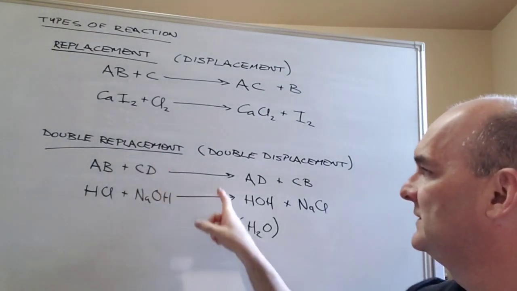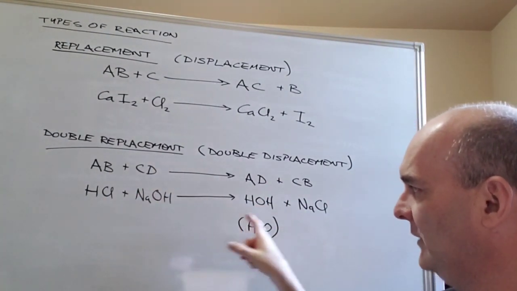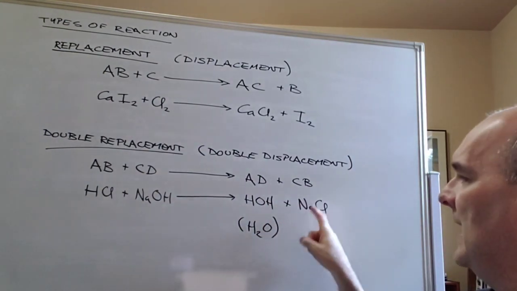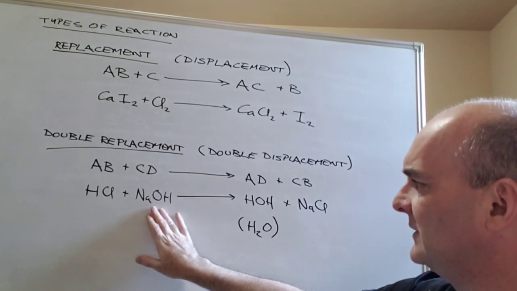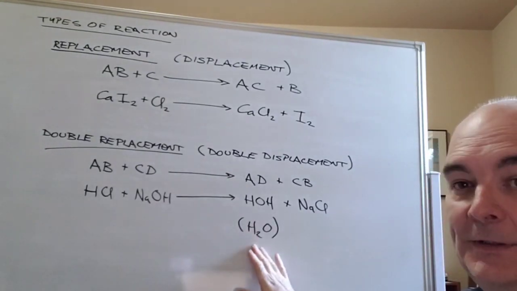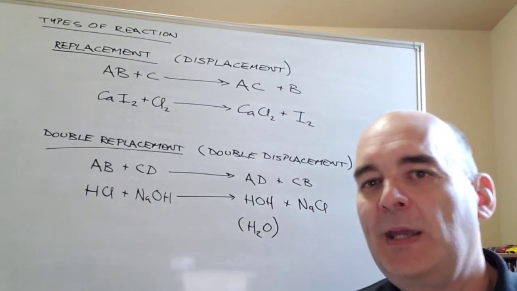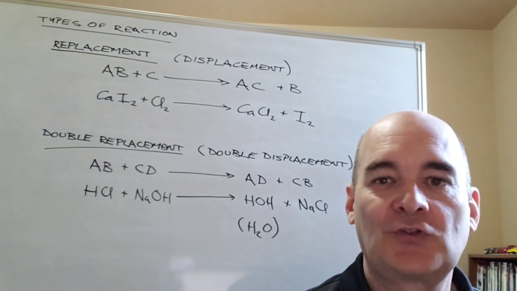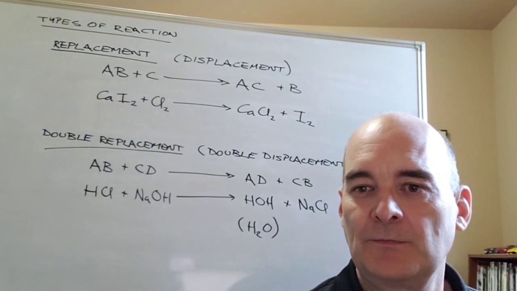And so AB plus CD makes AD plus CB, HCl plus NaOH makes HOH and NaCl. Acid plus base makes water plus salt. And acid plus base makes water plus salt is true of every single acid-base combination.